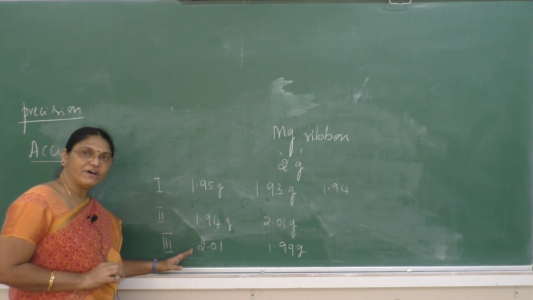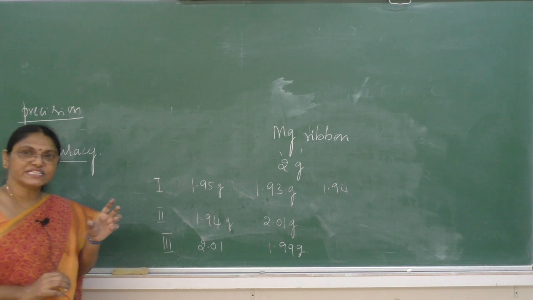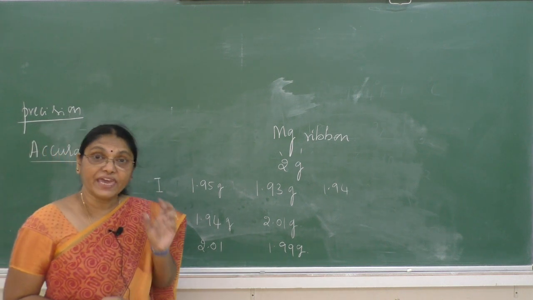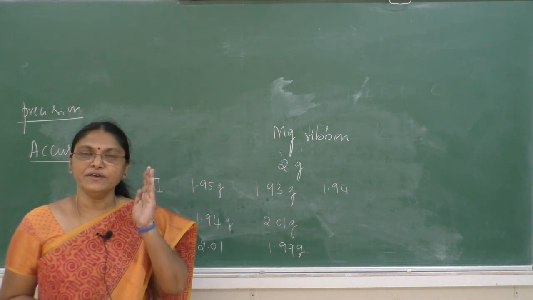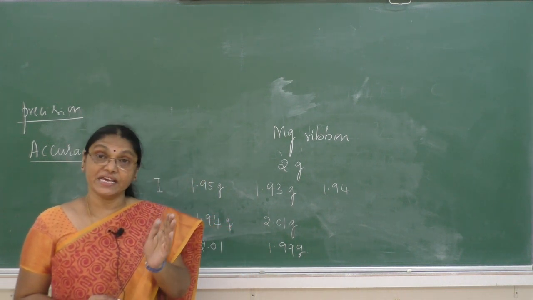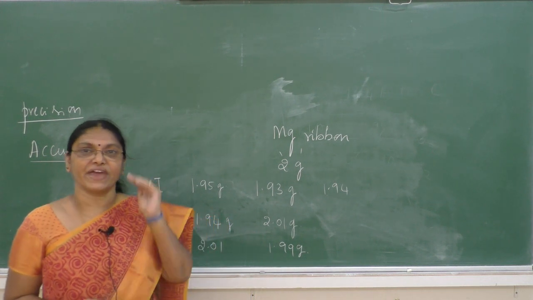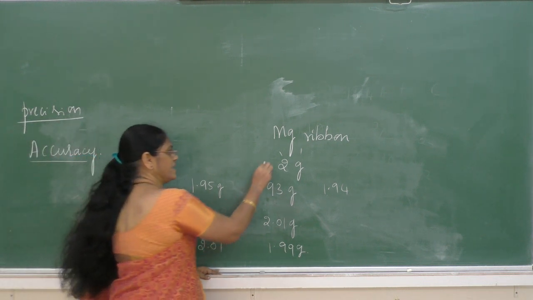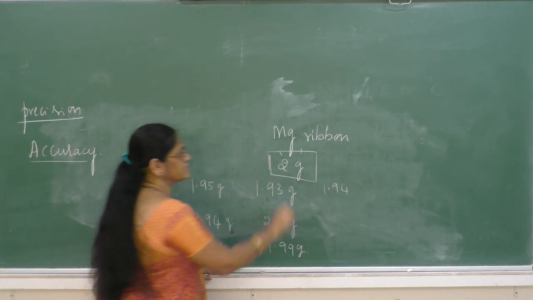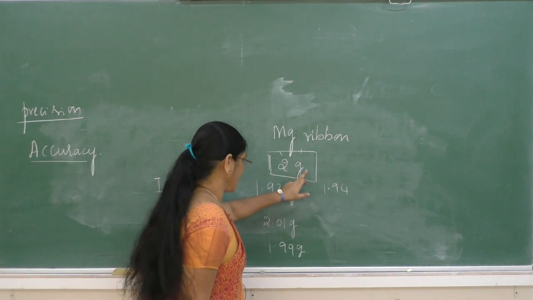Now I will tell once again what is precision. The closeness of various measurements for the same quantity. Same quantity means the mass of the magnesium ribbon, that is 2 grams.